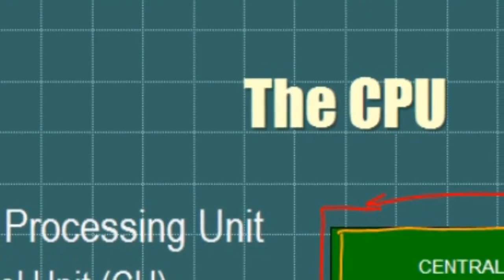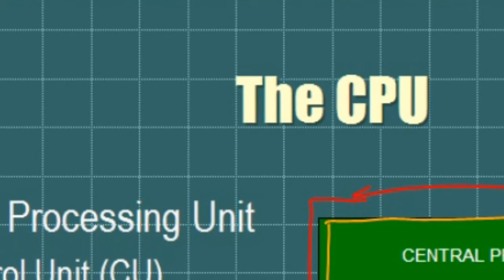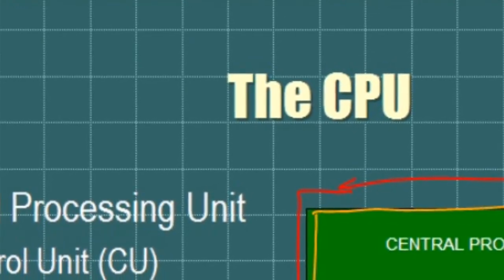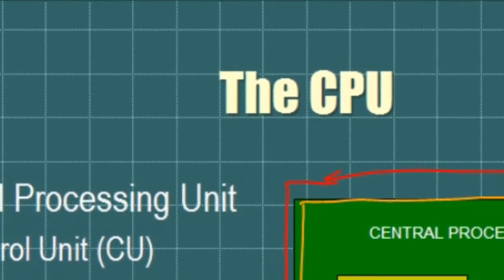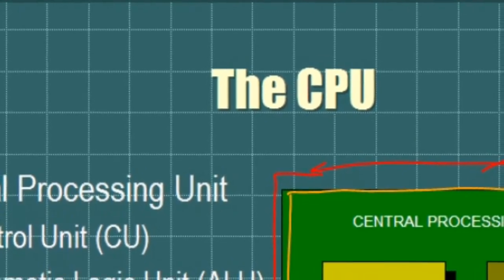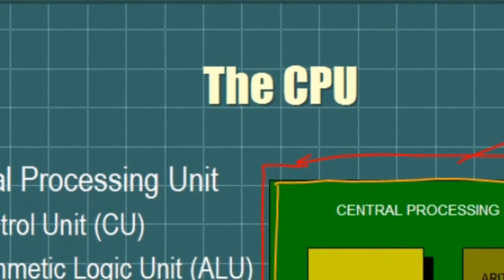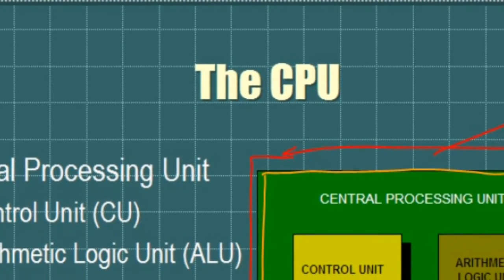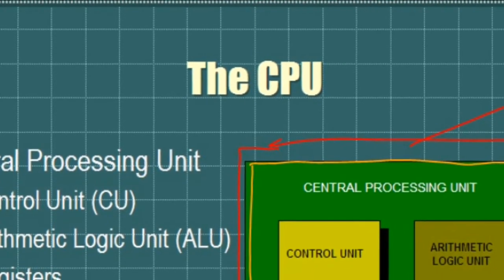Now let's take a brief look inside the CPU, the Central Processing Unit. A CPU has three primary components: a control unit, an arithmetic logic unit, and a series of registers. These three components together comprise what we call a core. A single core has a control unit, an ALU, and its own set of registers.